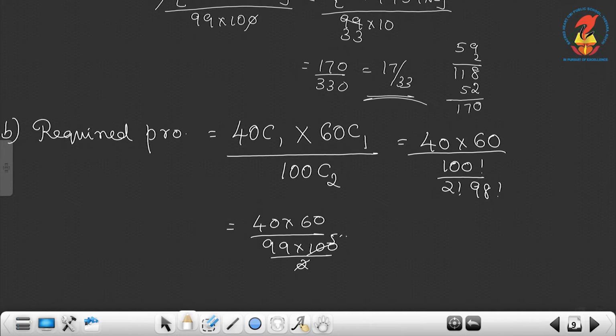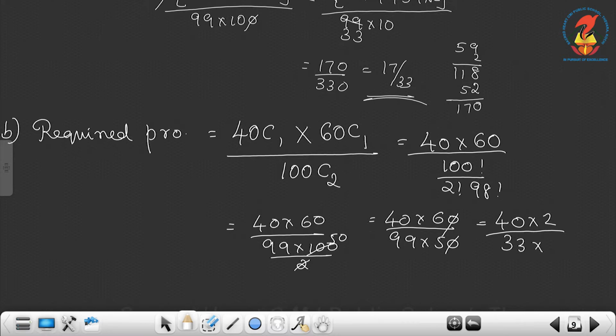So 2 here we can cancel. So 40 into 60 by 99 into 50. 6 and 99 multiple of 3. So into 2 by 33 into 5. 5 and 40 cancel, 8. So 16 by 33. Okay.